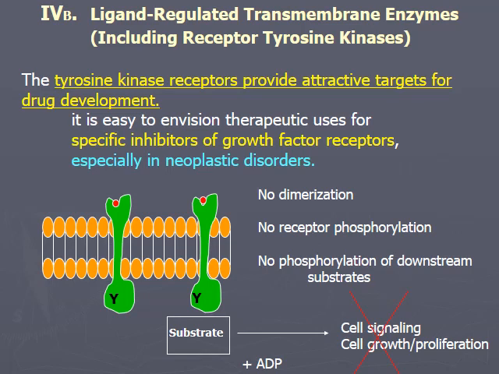If you can inhibit receptor tyrosine kinases like EGF that's overactive in breast cancer, you can reduce cell growth and cell proliferation. So pharma is targeting all aspects of the pathway. They're looking for antagonists that prevent dimerization. They're looking for antagonists that will block autophosphorylation or substrate phosphorylation, and so on. In fact, those two drugs I mentioned to you block substrate phosphorylation.